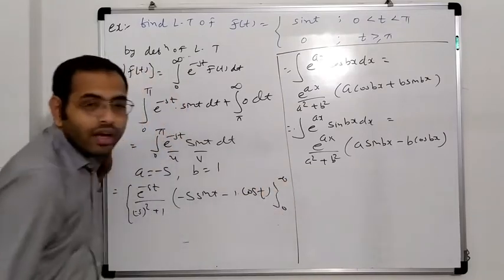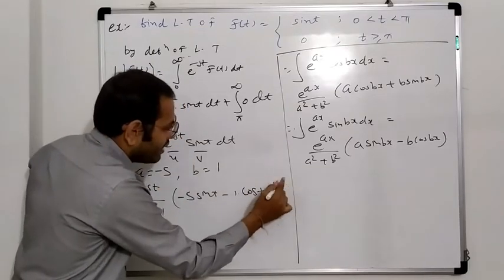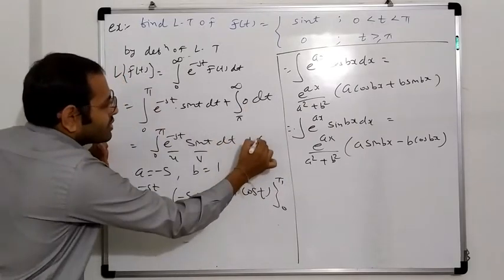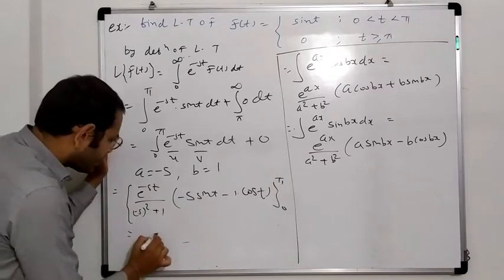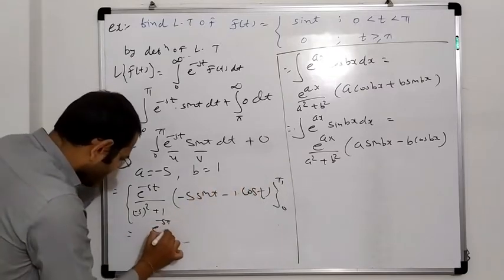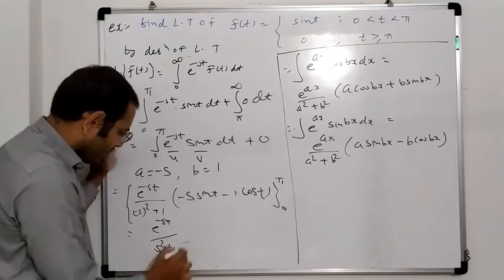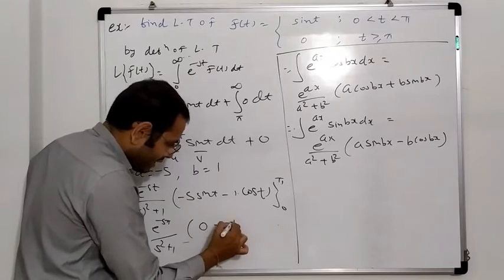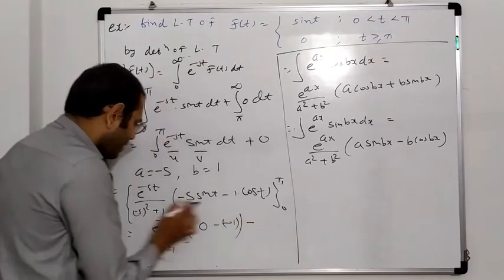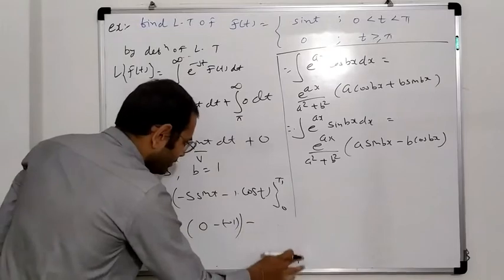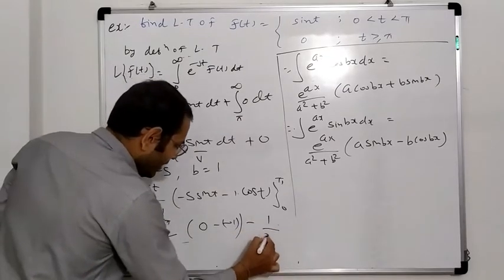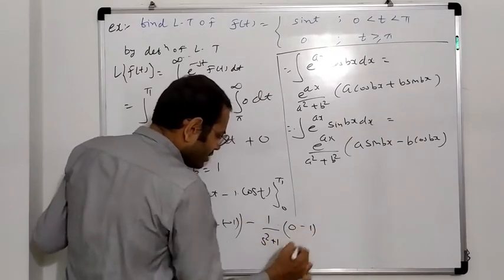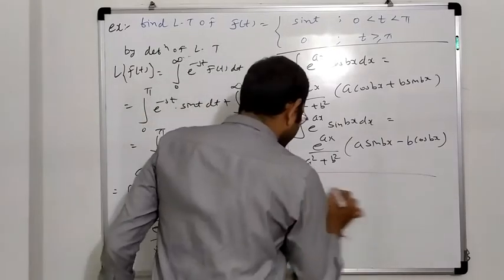Here the limits are 0 to pi, and the second term is 0, since 0 into anything is 0. So upper limit minus lower limit: e raised to minus s pi upon s square plus 1 into (minus sin pi, which is 0, minus cos pi, that is minus 1), minus e raised to 0, that is 1 upon s square plus 1 into (sin 0, which is 0, minus cos 0, which is 1).